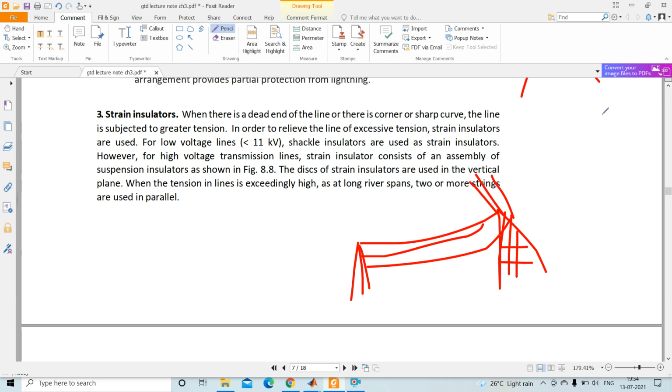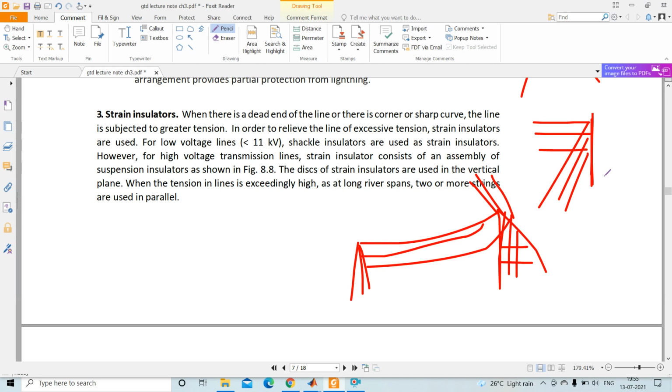You can remember that three conductors are connected here. See, this is one pole over here, and I want to extend this conductor in this direction. This is the corner or sharp curve, and in this case the line is subjected to greater tension.